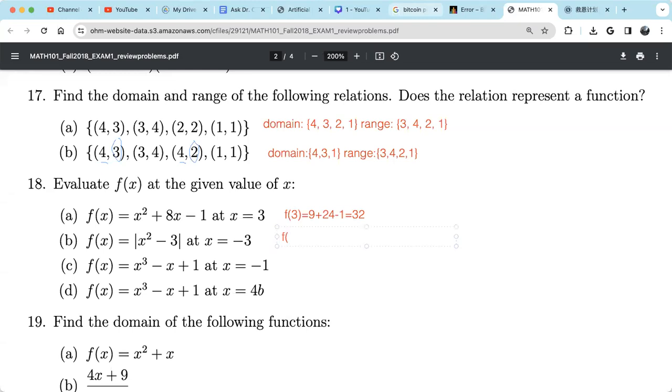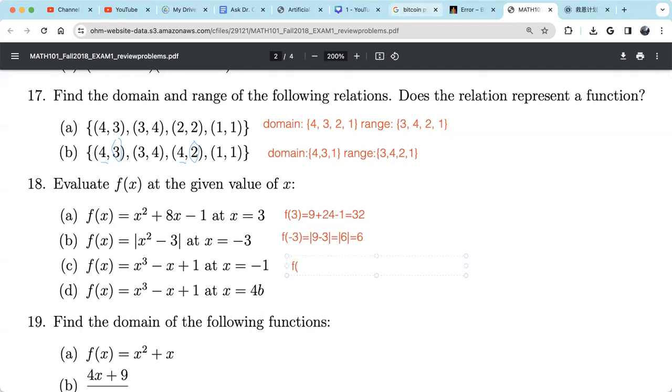Let's see B, f of negative 3. We want to evaluate f of negative 3. That's the absolute value of negative 3 squared, which is 9, minus 3. That's the absolute value of 6, which is 6.